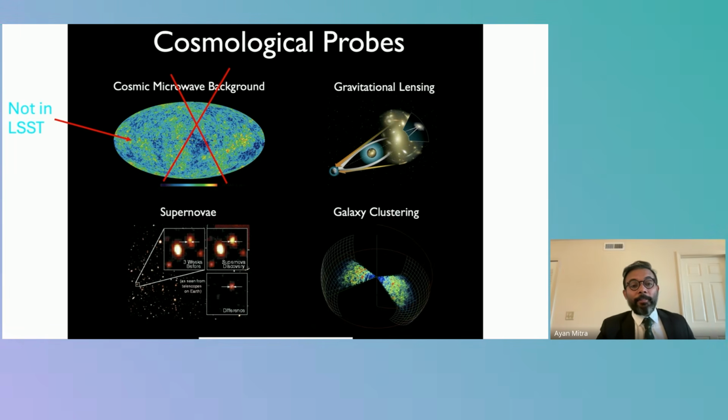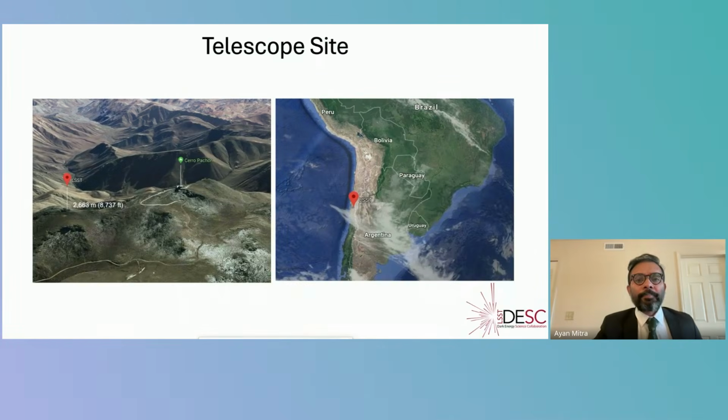A fun fact: in spite of all the budget cuts that you might have heard about in the news, somehow the LSST did not get a cut because it was so overwhelmingly impressive that even people in Congress found it hard to put down. It is right up there with its competitors, the space telescopes like JWST and Roman. We will use all of this, supernova, gravitational lensing, clustering, different things, to probe the universe.